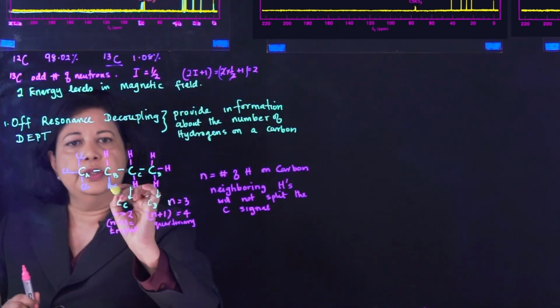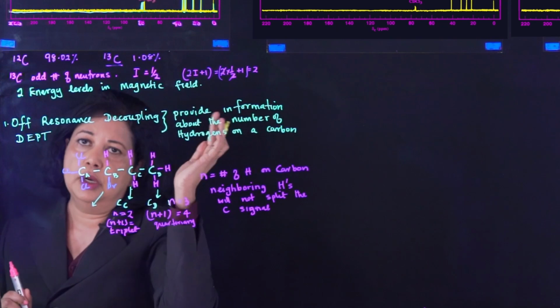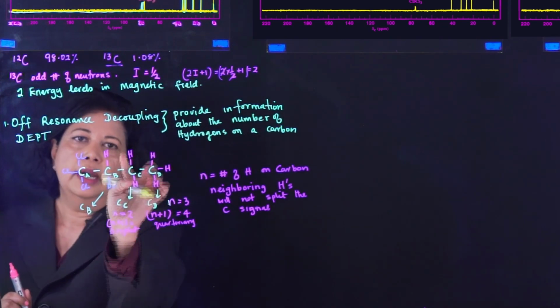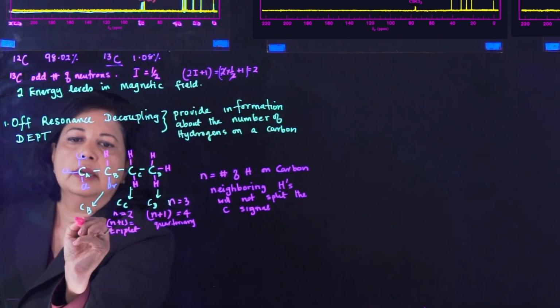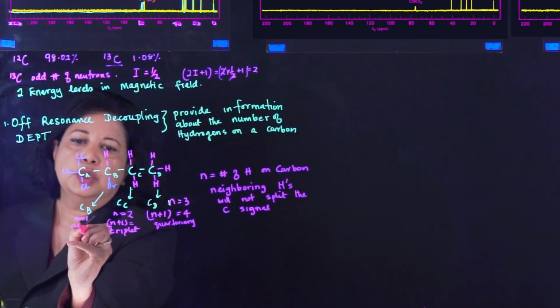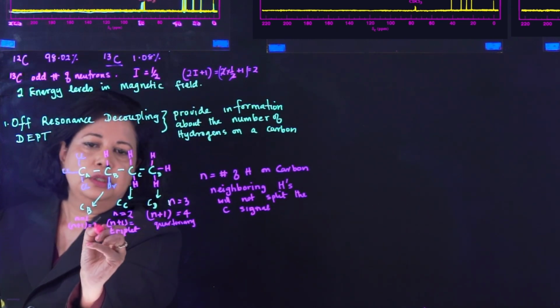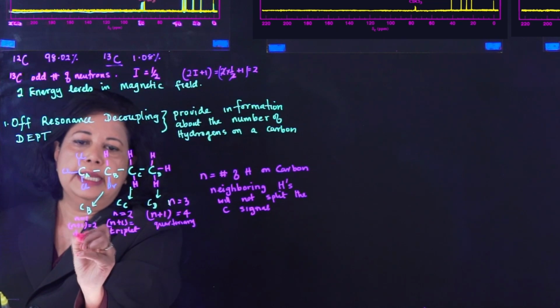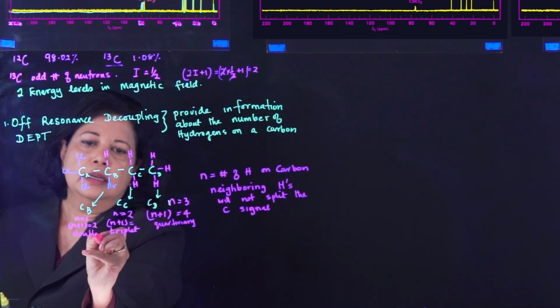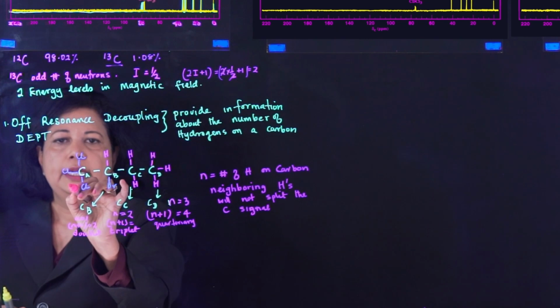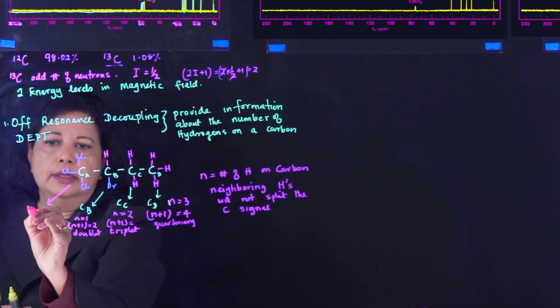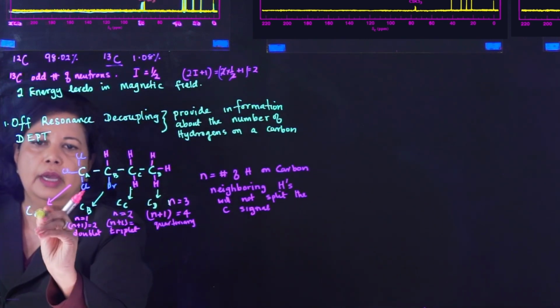If you take this, again, there's only 1 hydrogen on there. N is equal to 1. Therefore, N+1 would be 2, and that would show up as a doublet. The last one here, Ca, has no hydrogens on it.